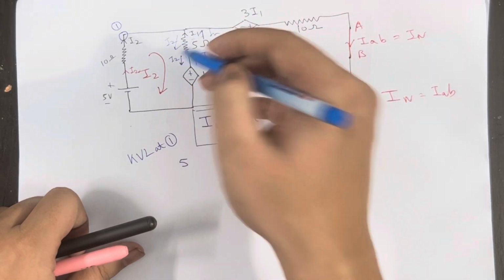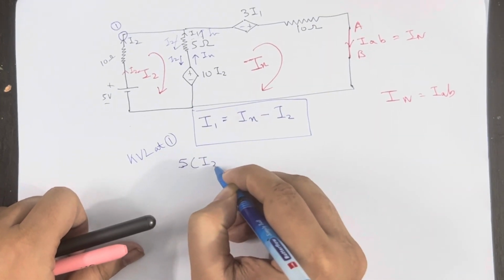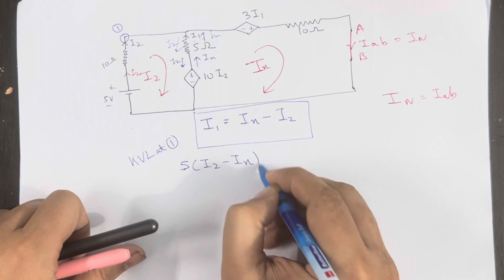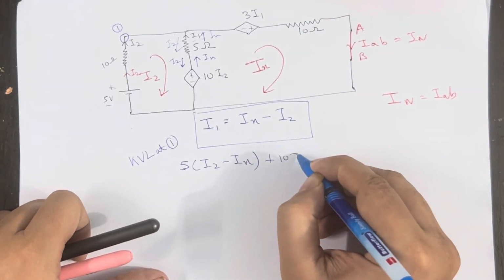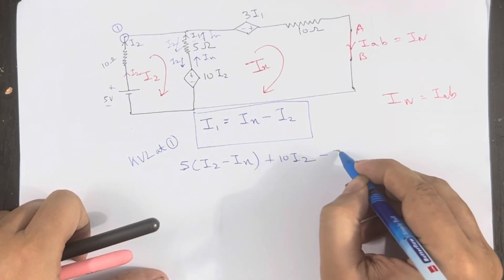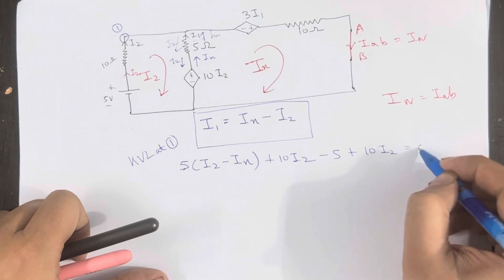Up to down, which current is flowing? I2 minus Ix is flowing. So 5 times I2 minus Ix, plus 10 I2, minus 5 volts, plus 10 I2. This will be our first equation, equal to 0.